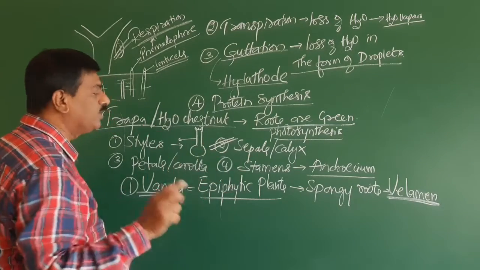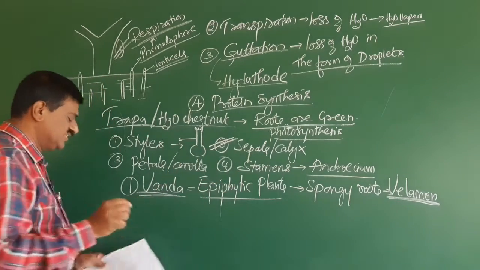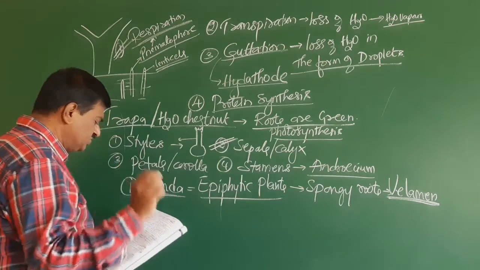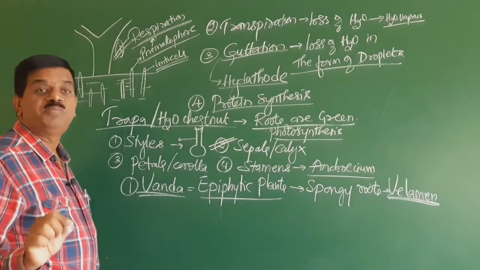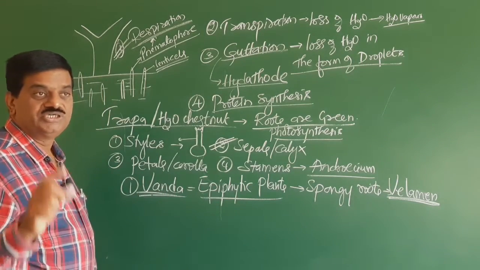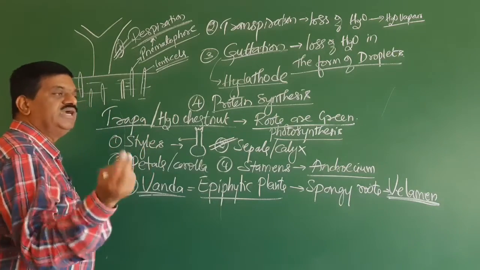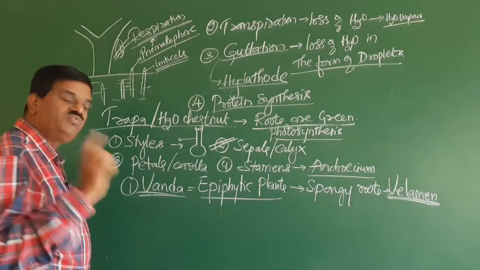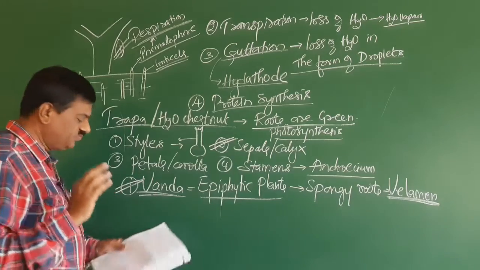So velamen absorbs the moisture. This is Vanda. This is what is called hygroscopic: they absorb moisture from the atmosphere and it is supplied to the plant for photosynthesis. So the first option itself is right.